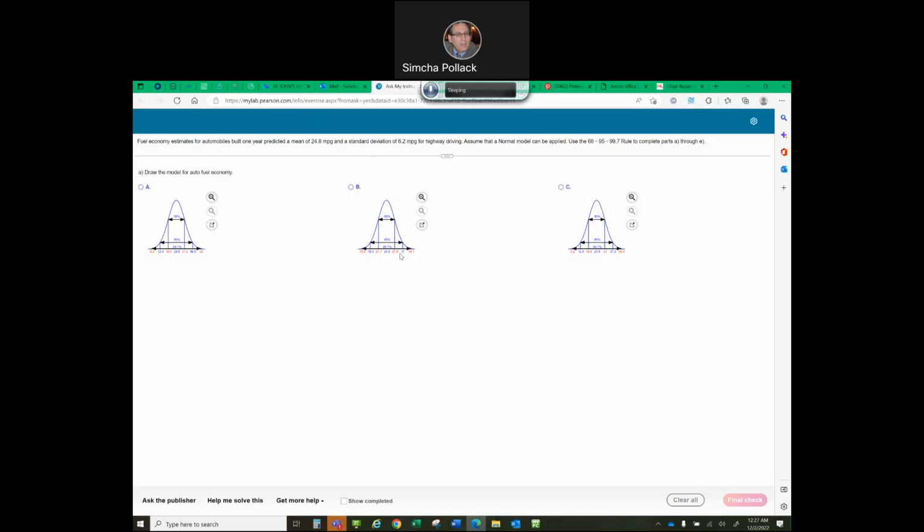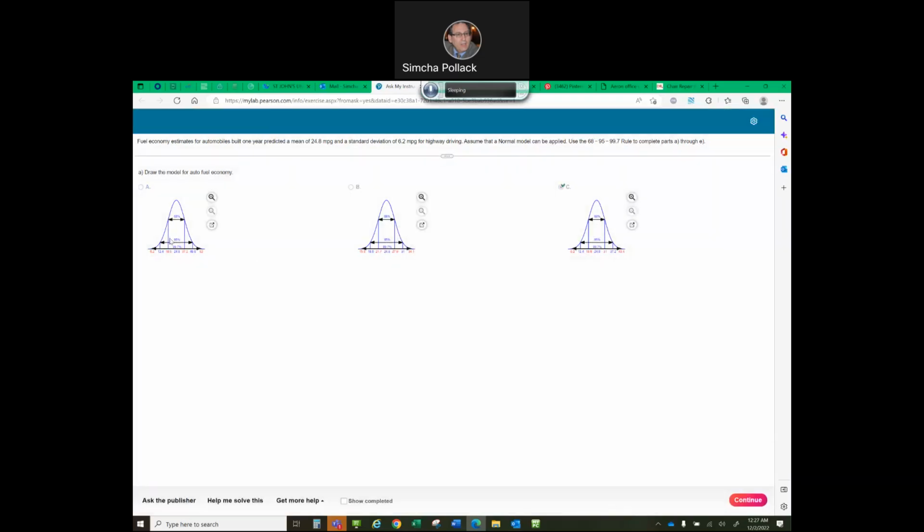So we go up to 31 with 1 standard deviation, so this can't be the right answer, because we know it has to be 31 above it. This is 37. So this has got to be the answer. So from here to here is 68%, from 18.6 to 31. If you take 24.8 and subtract 6.2, you get 18.6. So from 18.6 to 31 is 68%. So this is the right answer.